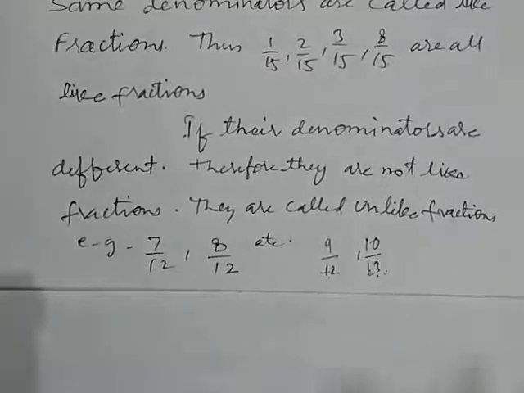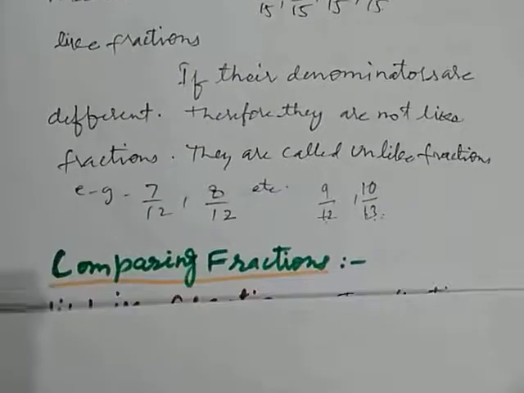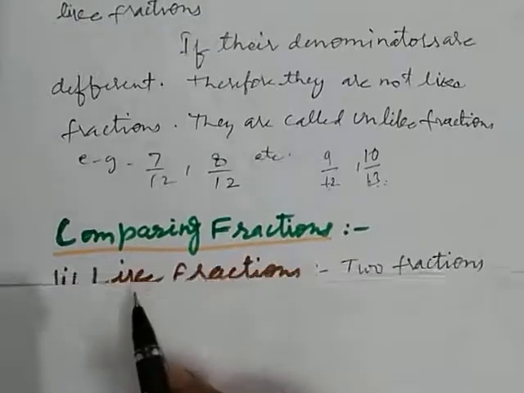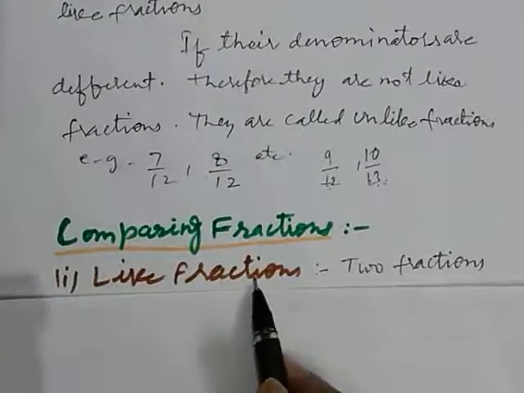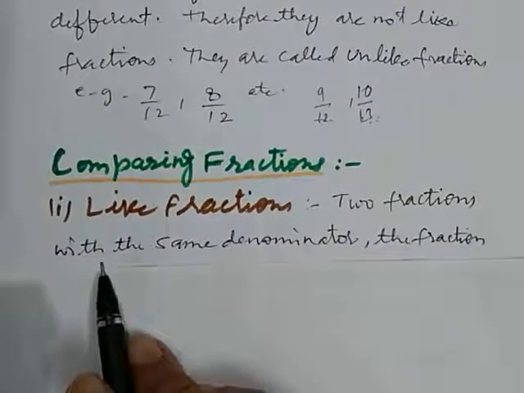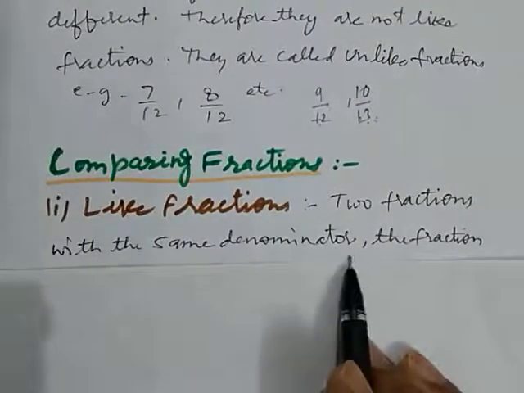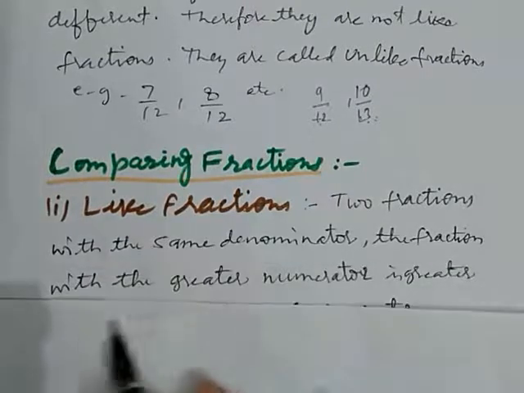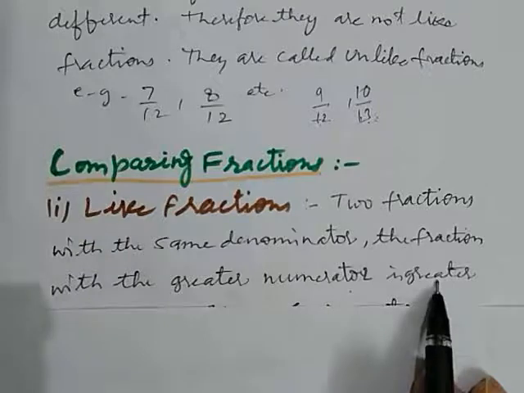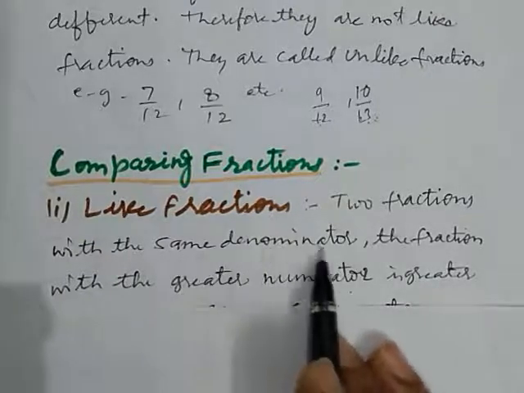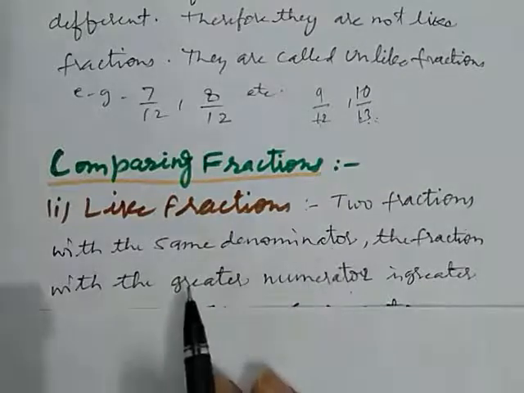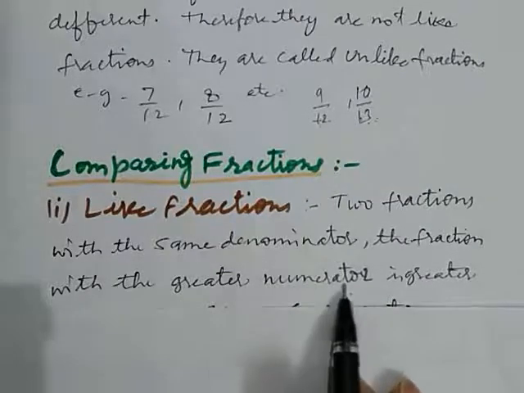Okay? So, we compare fractions. First we compare like fractions. Of two fractions with the same denominators, the fraction with the greater numerator is greater. Because fractions with the same denominator are like fractions, we only compare the numerators.